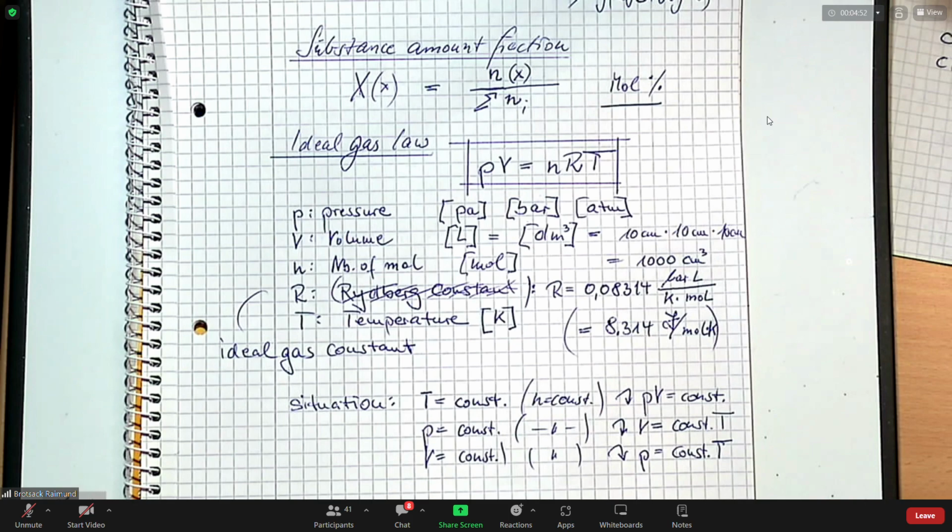Again, what? That one? That means the same as here. It's just these double brackets.